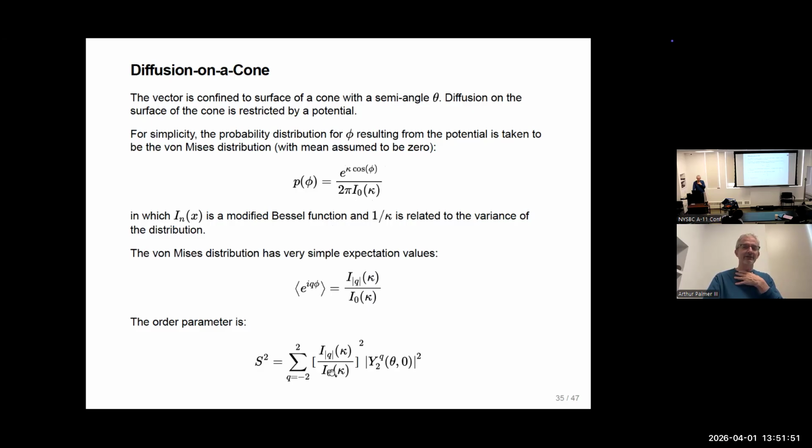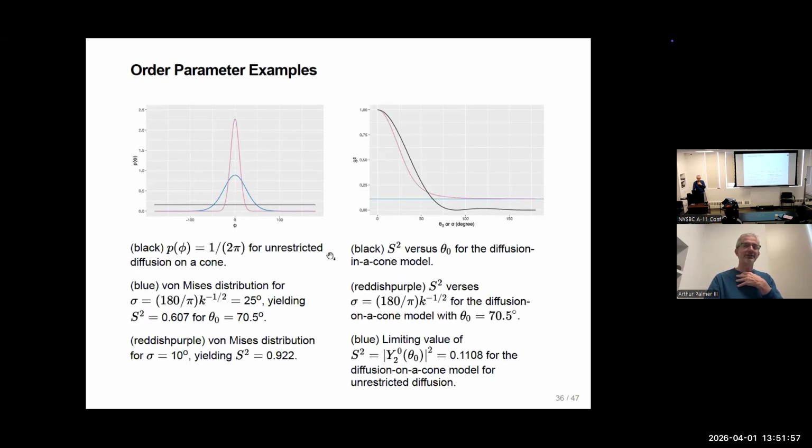Again, we can do the integrals and get an expression for S squared. Here are some pictures. The black line is the probability distribution if there were no barriers. I can just go all the way around the dihedral angle.